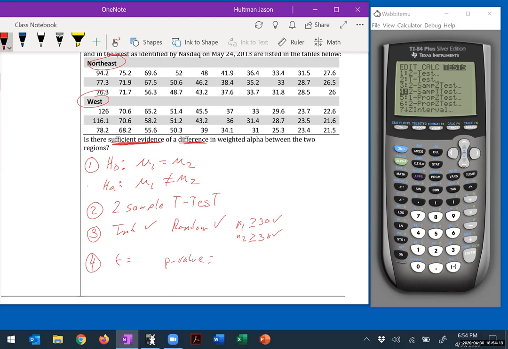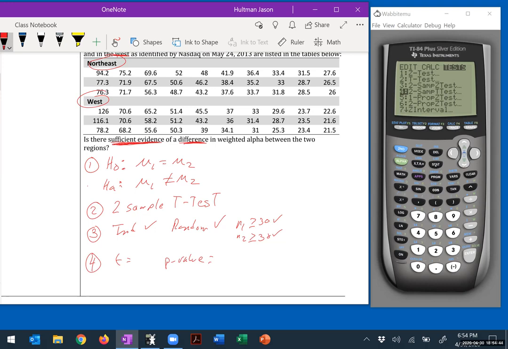Well, we have 60 pieces of data here. So how are we going to calculate the t-score and the p-value on 60 pieces of data? Well, guess what? We have to input the 60 pieces of data into our calculator. That's how we do this. Well, how do we input these 60 pieces of data into our calculator?